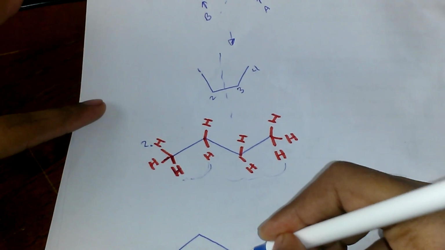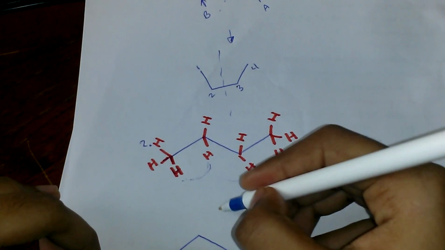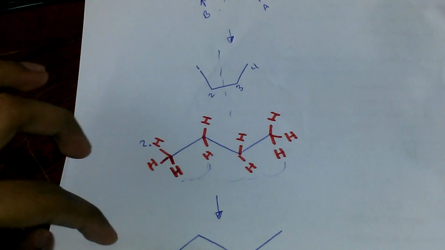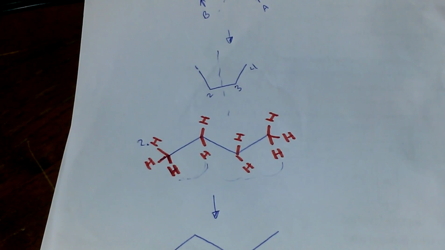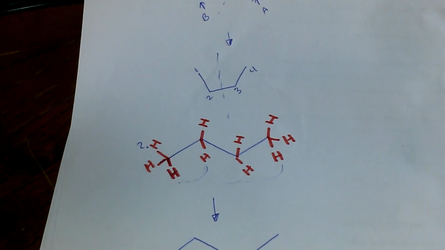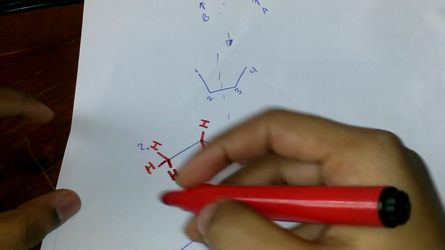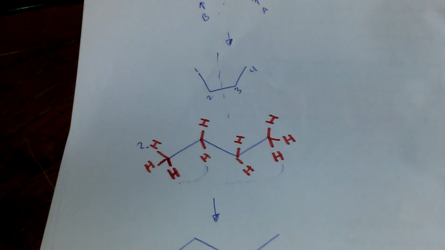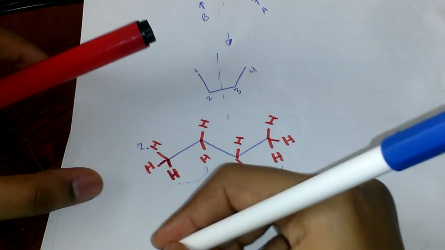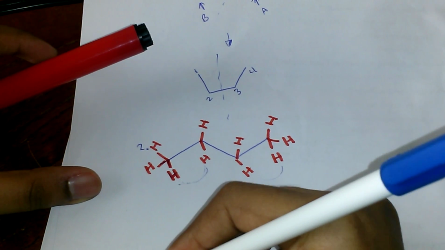I'm going to draw this again. This is the same thing. So now we're going to start with this hydrogen right here, and I'm going to use a red marker again, but I'm just going to choose one of the hydrogens randomly and replace it with a chlorine. You can replace it with any atom, but I just like chlorine, so I'm going to use that.